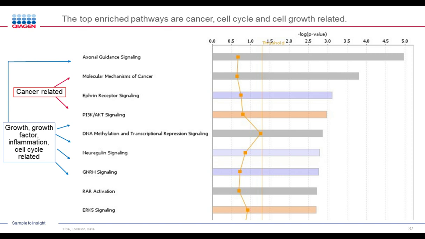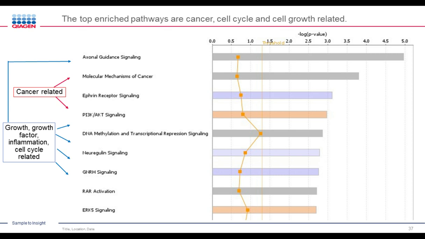But the pathways that don't make sense are colored in blue over here. These pathways are related to functions such as cell growth, growth factors, inflammation, cell cycle, and all of these things are related to cancer. So it makes sense that these pathways show up as top hits for the non-responder data set.